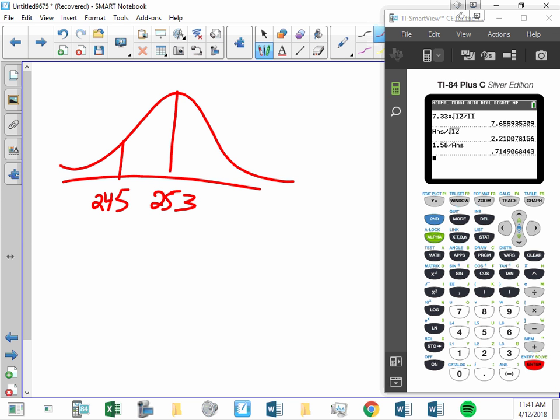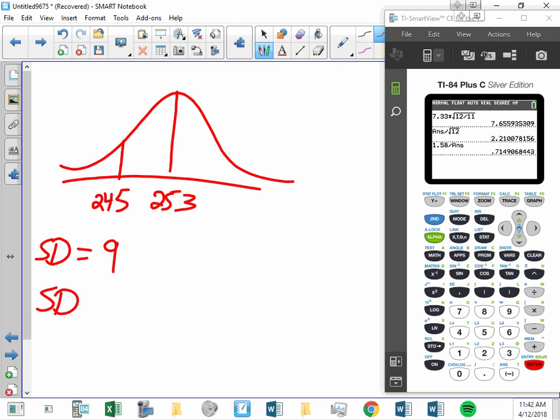Am I going to use the 7 or the 9? Well, does the 7 apply anymore? No, the scale's been rebuilt. Right? They've changed some things. So it's the SD of the sample. I'm hoping. That's my guess. So my SD is 9.